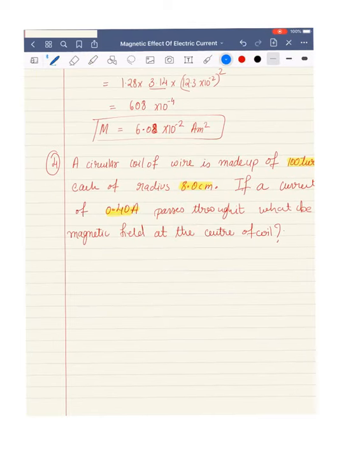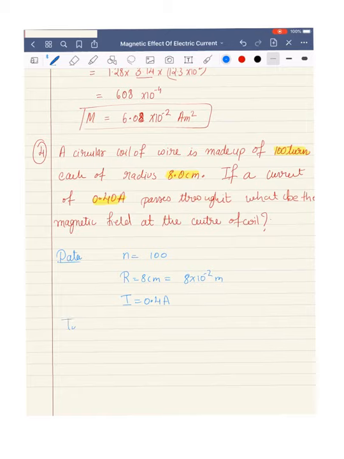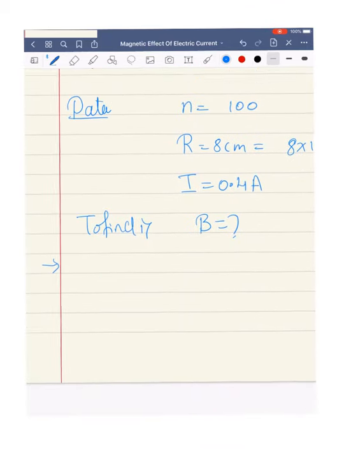Okay, so from the given data, number of turns is mentioned, radius is mentioned as 8 centimeter, and current is 0.4 ampere. So what basically you need to calculate is the magnetic field at the center of the coil, which you can calculate using the formula B is equal to mu naught N i divided by 2R.